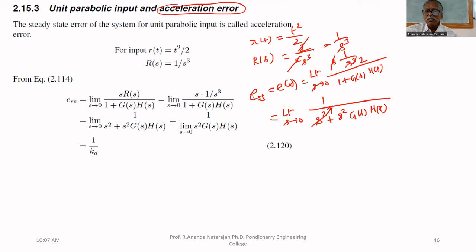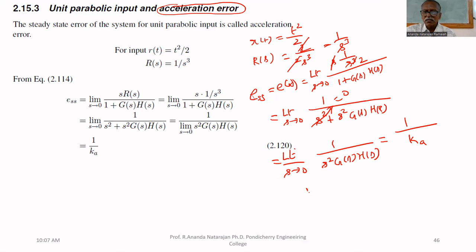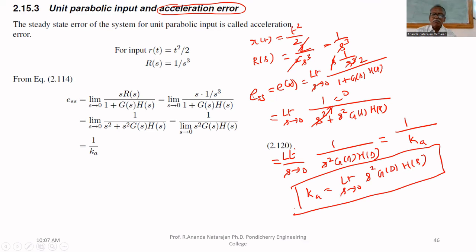The first term becomes 0. Therefore, limit s tends to 0 of 1 upon s square g of s h of s, which is equal to 1 upon Ka. That is the acceleration error constant, where Ka equals limit s tends to 0, s square g of s h of s. So for the acceleration error constant you have to multiply the loop transfer function by s square.